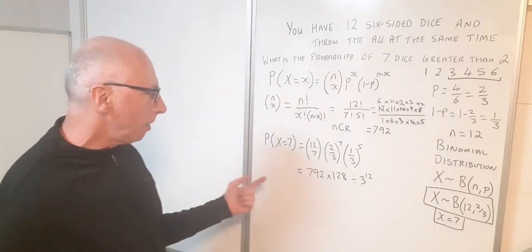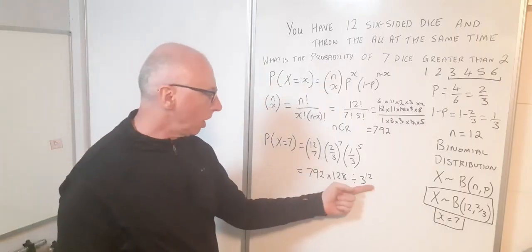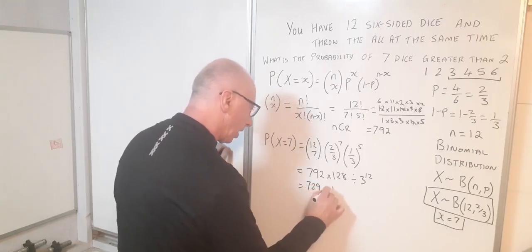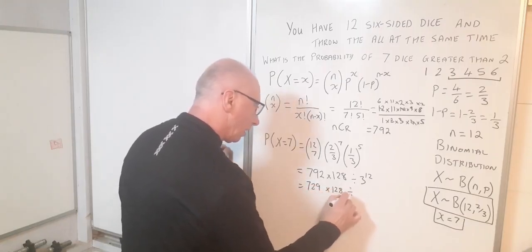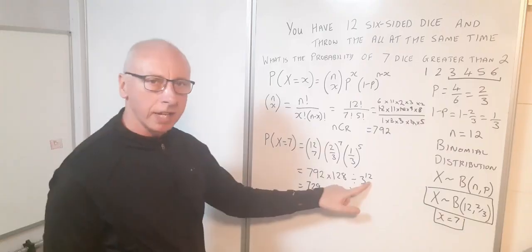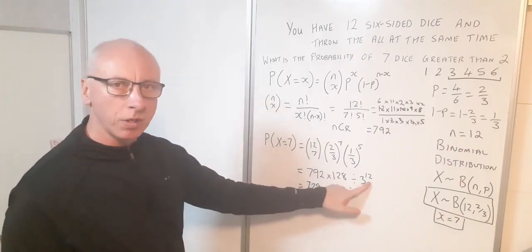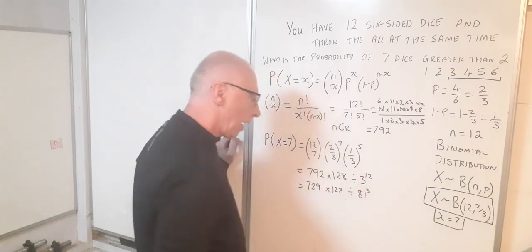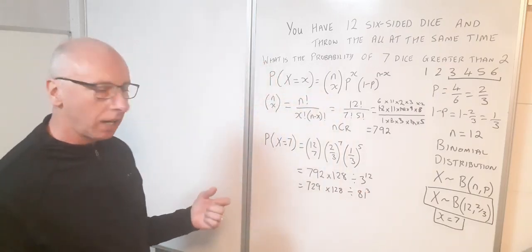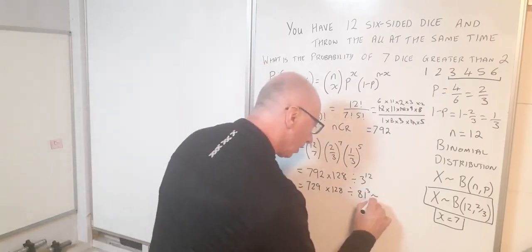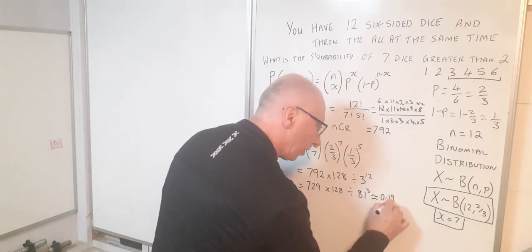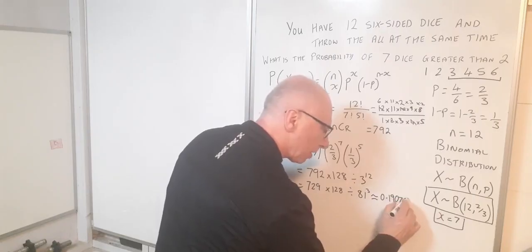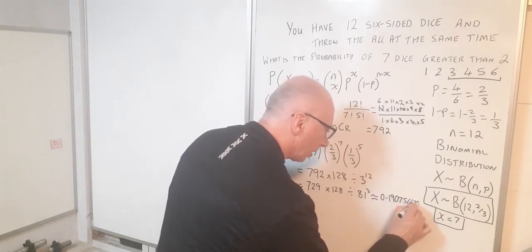Now for 3 to the power of 12, I could write that as 792 times 128 divided by, well, I could take that to the power of 4 because that's 81 and then cube it. So 81 cubed. If I put that into my calculator, I'll get approximately 0.1907566629.